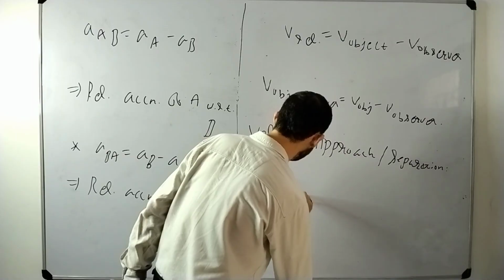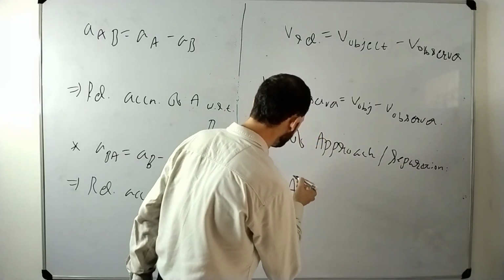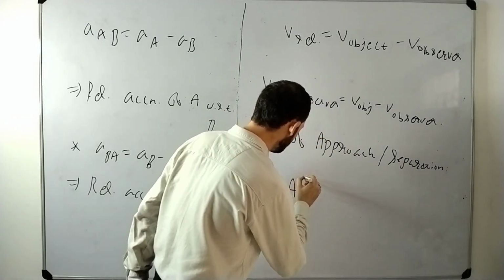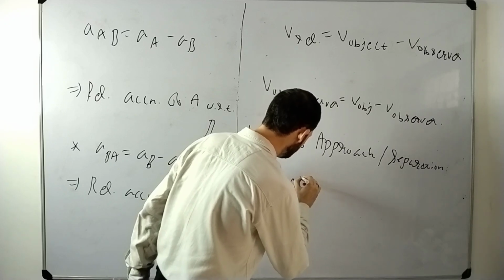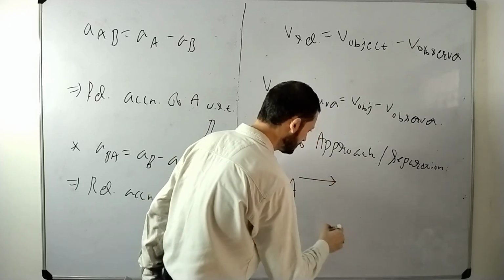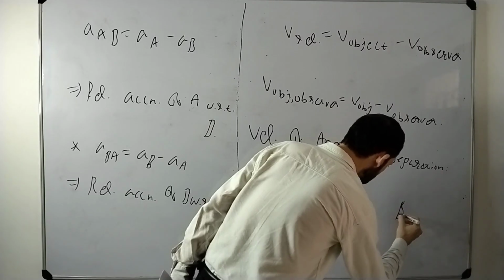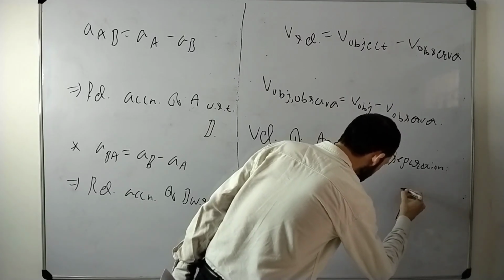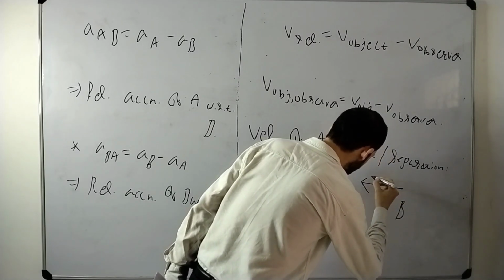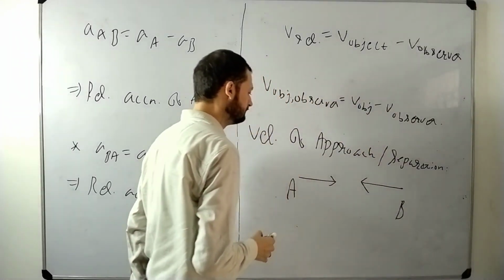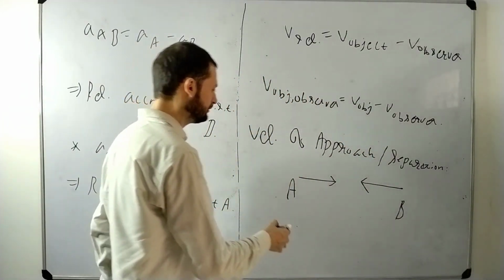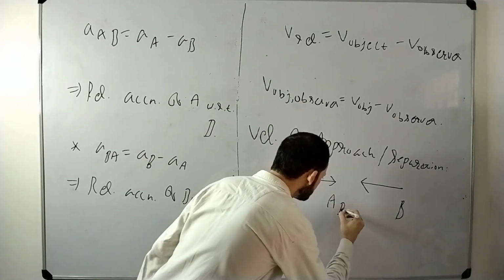So this is you and this is not you. This is I, me, A, moving in this direction. This is B, you, and this is you approaching me. So this is the approach case.